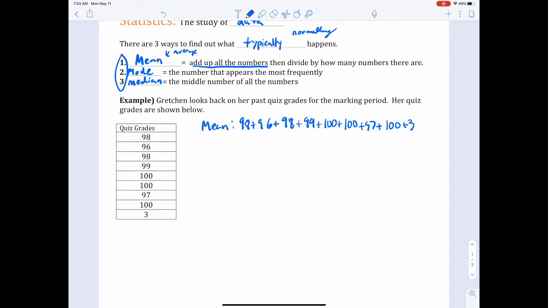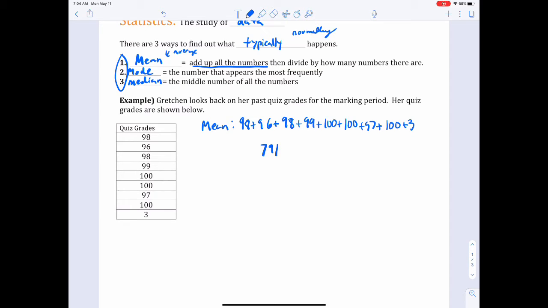So when we add up all those into our calculator, we're going to get 791.